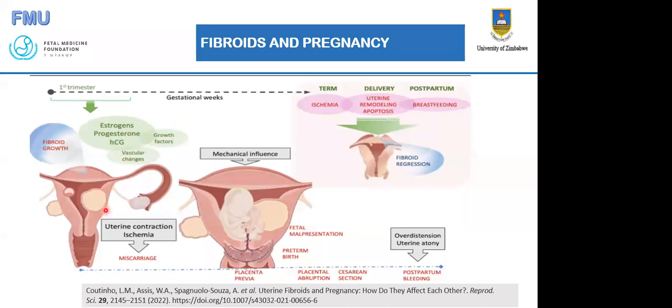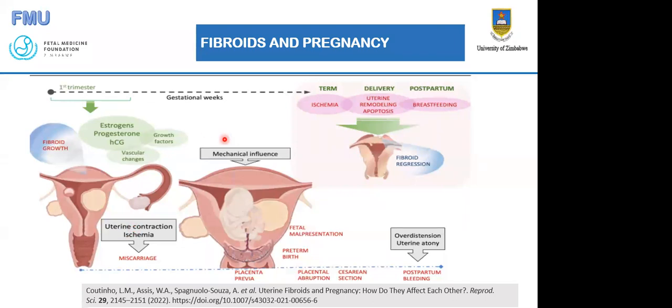When the fibroid grows, because the vasculature is peripheral, the center will be undersupplied, leading to infarction. And that infarction, which is more of necrotic infarction, will cause inflammation. And this will cause the release of prostaglandins, which will bring about contractions and a miscarriage.